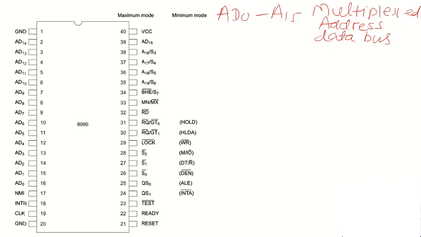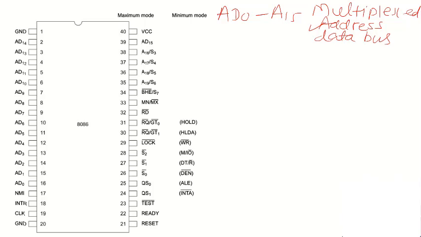So if we talk about the entire operation of the microprocessor, the first step is to identify the location of the memory or address of the input output devices. How can it be done? With the help of the address bus.